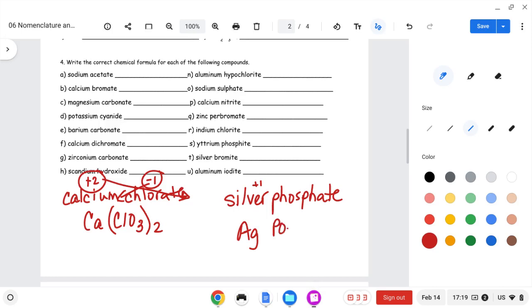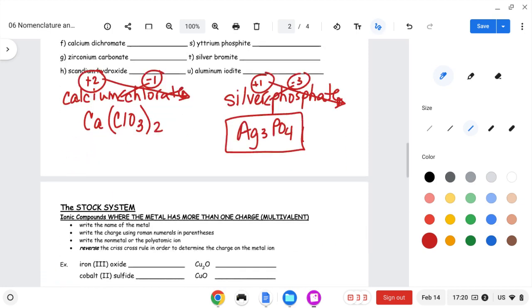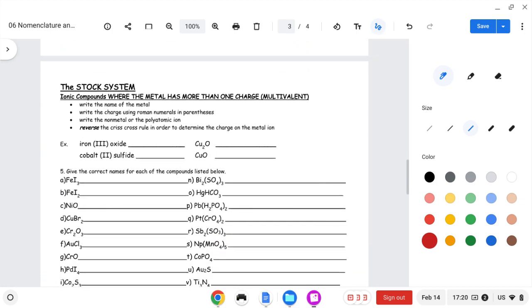So here's PO4, and remember, we have to put the charge of -3, and we're going to do the crisscross rule. We bring these charges down. We're bringing a 1 down after phosphate, so I'm not going to see too much, but I bring the 3 after silver, and there is my compound's formula. So give these a try and see what you can do.